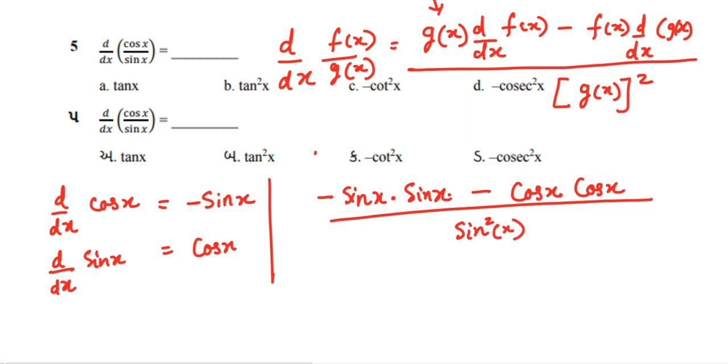So it will be minus sin square x minus cos square x upon sin square x.